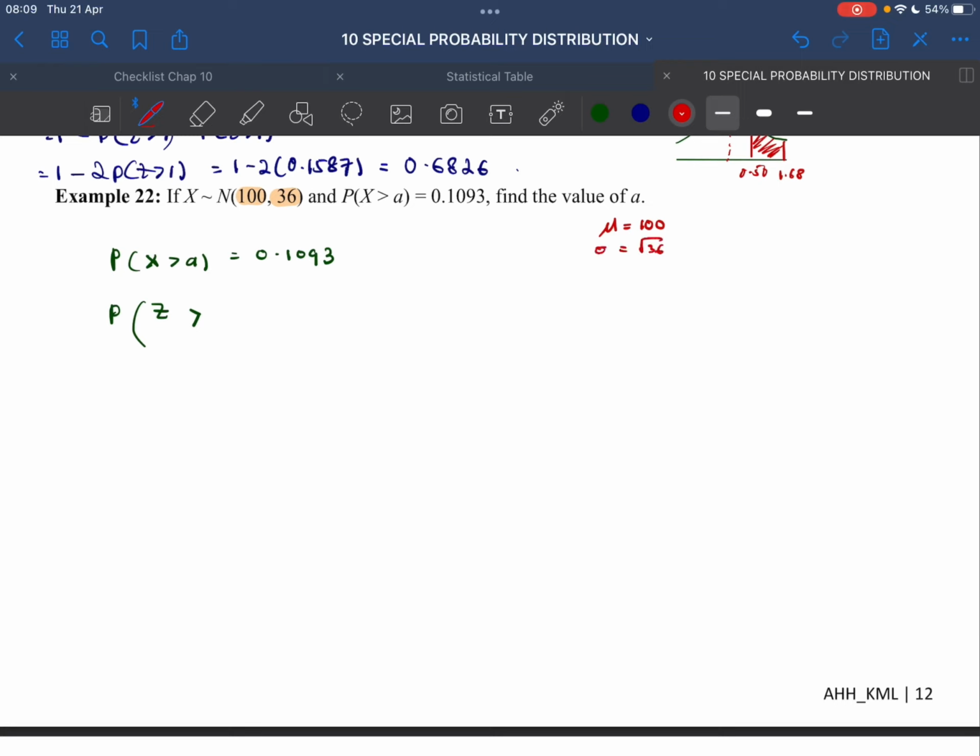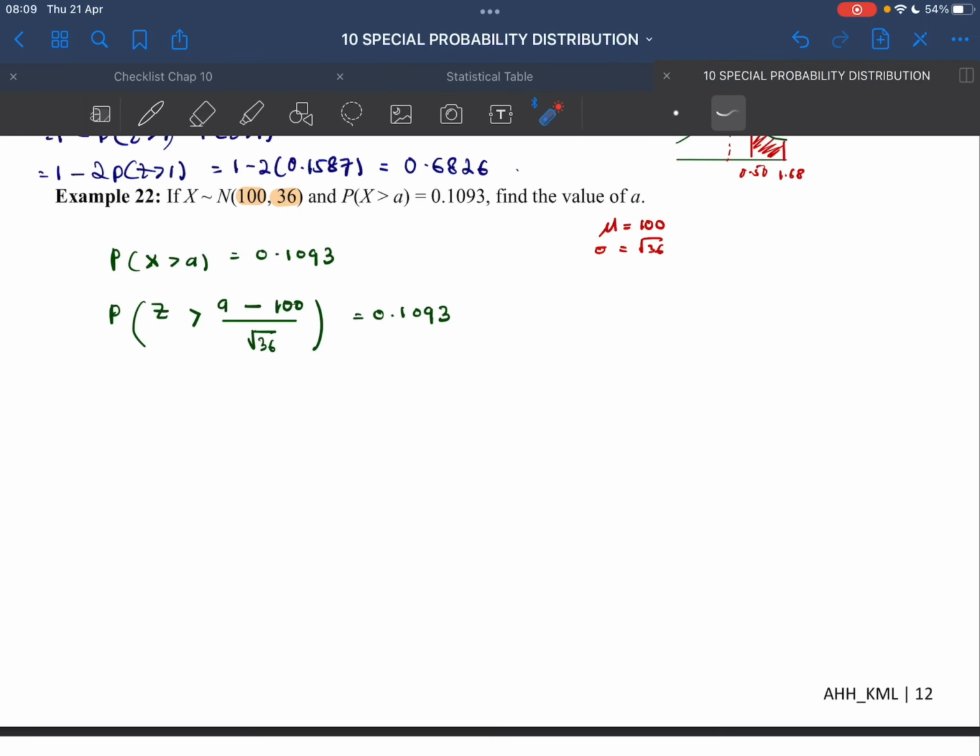Now we have z equals x, which is a, minus 100 over square root 36, which is 6, equals to 0.1093. Now it is in the form of z greater than something, an a value. So now what you are going to find is this probability in your table.